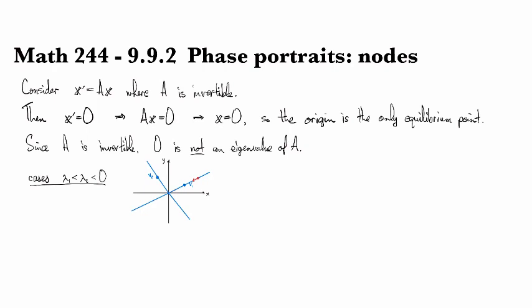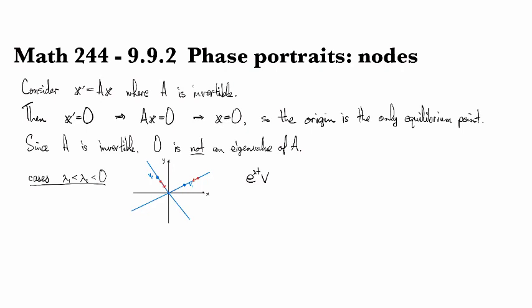I'm looking at e to the lambda t times v, and A is going to make something on this eigenspace evolve in a way that keeps it on that eigenspace, because that's what eigenvectors do. Since lambda is negative here, this is a decaying exponential, so it's going to suck me in toward the origin. Similarly, if I start somewhere here on the v2 axis, I'm going to get sucked in this way.